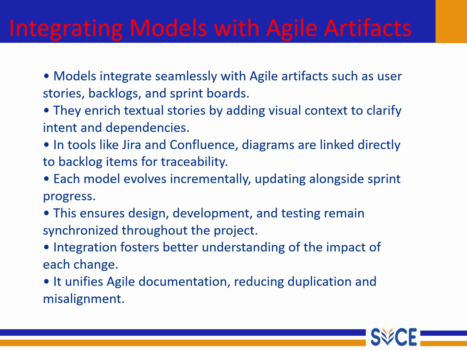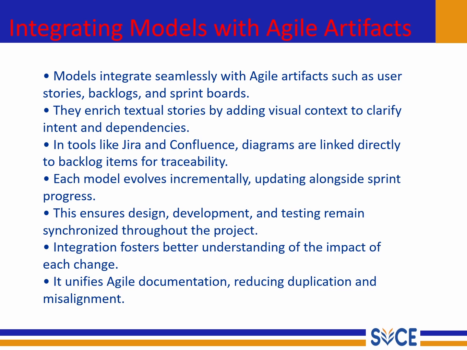The next one is integrating models with agile artifacts. Models integrate seamlessly with agile artifacts such as user stories, backlogs, and sprint boards. They enrich textual stories by adding visual context to clarify the intent and dependencies. In tools like Jira and Confluence, diagrams are linked directly to backlog items for traceability.